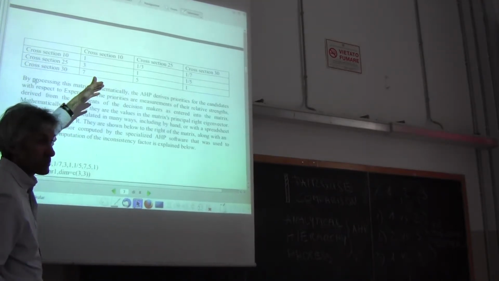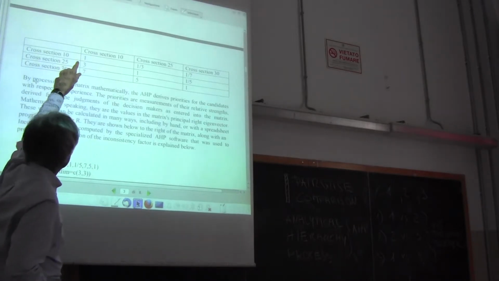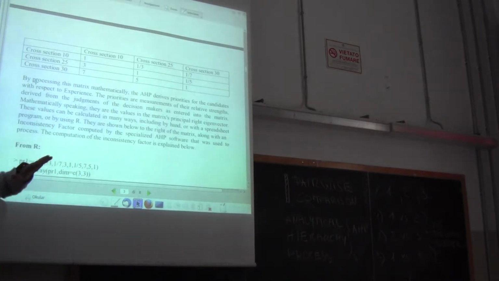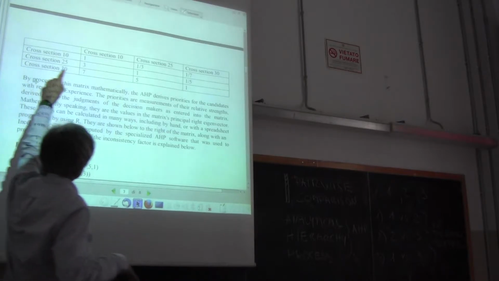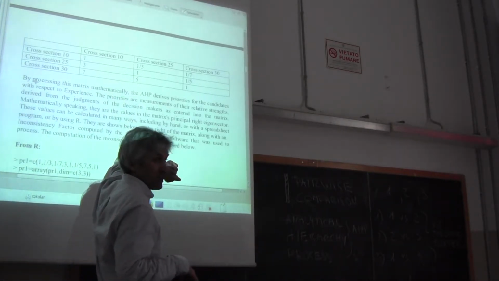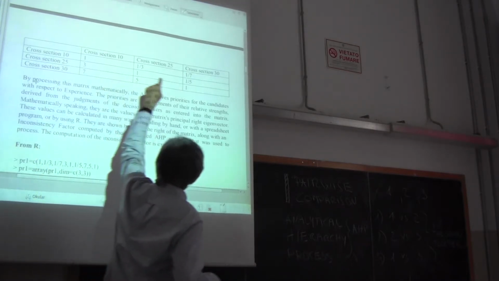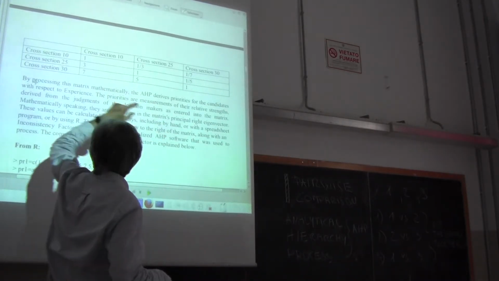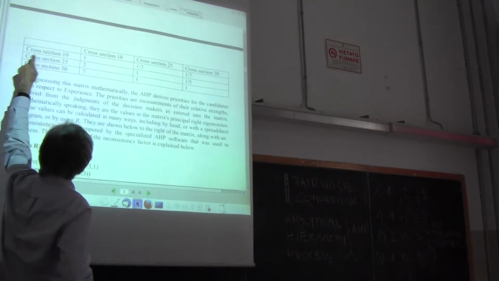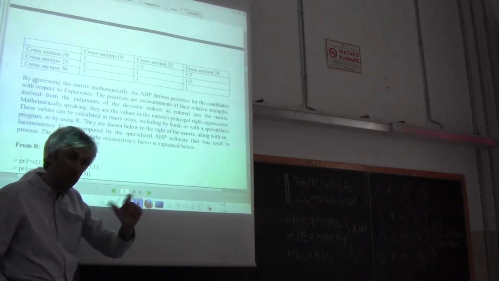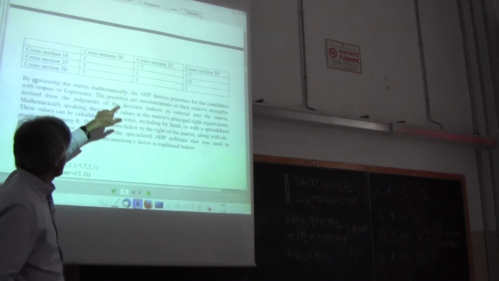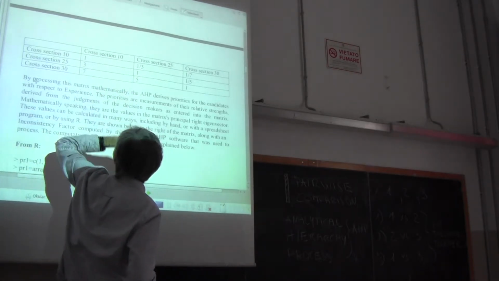If you compare 10 with 10, of course, they have equal importance. It's 1. If you compare 10 with 25, it's 1/3, because we said that 25 is preferable. If you compare 10 with 30, it's 1/7. Then let's compare 25 with 10, it's 3. It's symmetric: if it was 1/3 here, then it's 3 here.